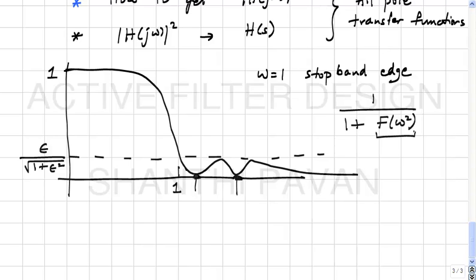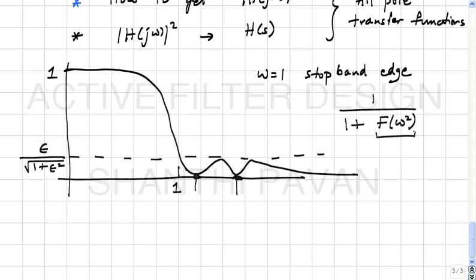It seems as if I should be able to not go through that whole rigmarole again, by noticing the similarity between that response and this response. Please note, the pass band there is similar to the stop band here, correct? Looking at the similarities between the two, perhaps I would be able to reuse all the math that I did there, without having to go through it all over again.